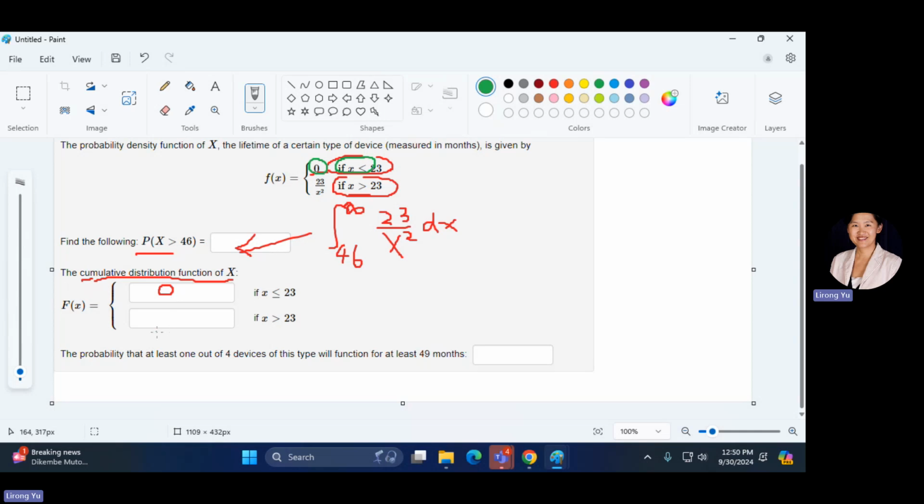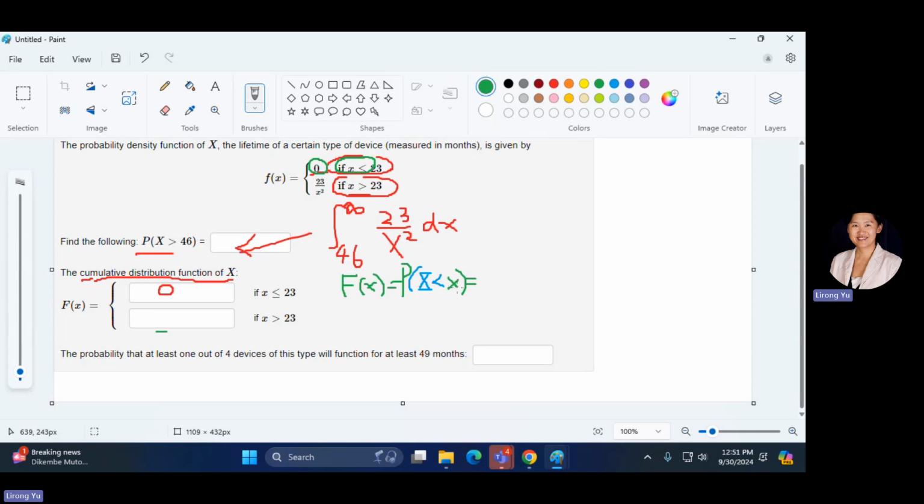The second piece, we were supposed to find the probability. So we go by the definition of F of x. It is really the probability that the variable X is less than the number x.